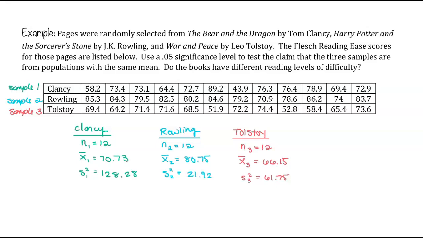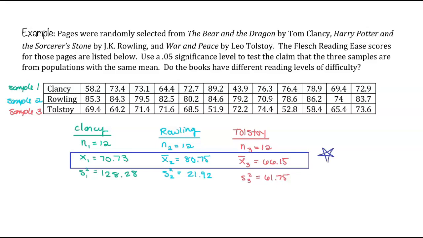We want to know if the population means are equal. This is what we're really interested in comparing. Are these three close, or are they different enough to say that these three samples come from populations, books in this case, that have different population means? Are they different enough to justify saying that they have different reading levels?